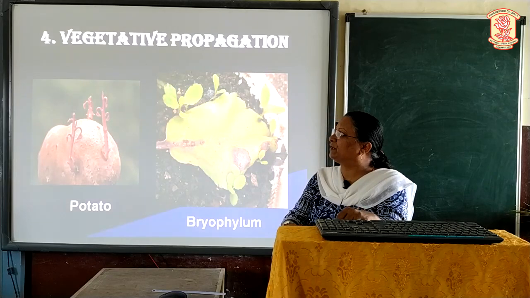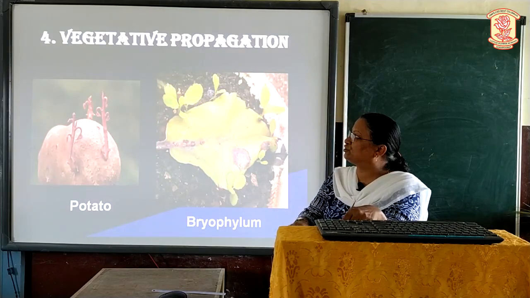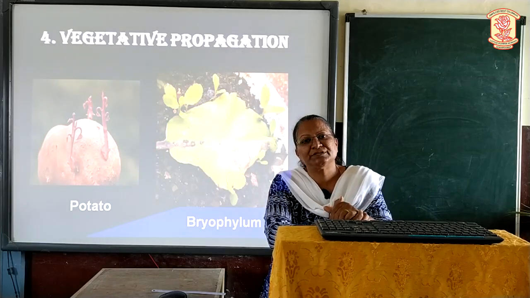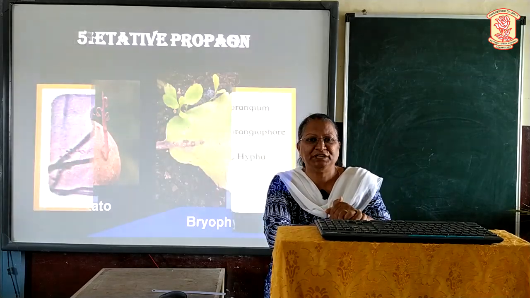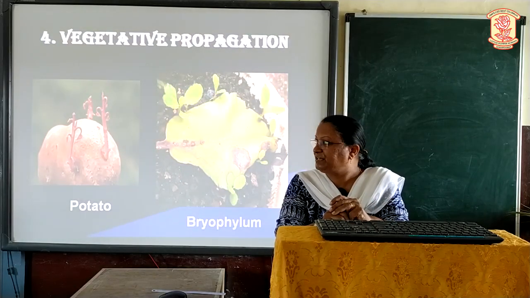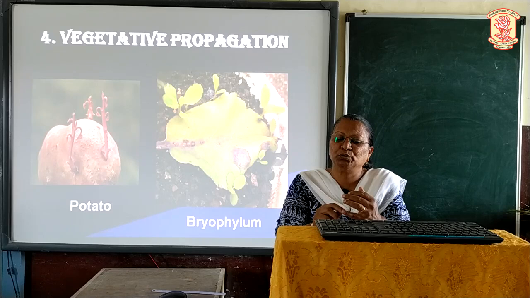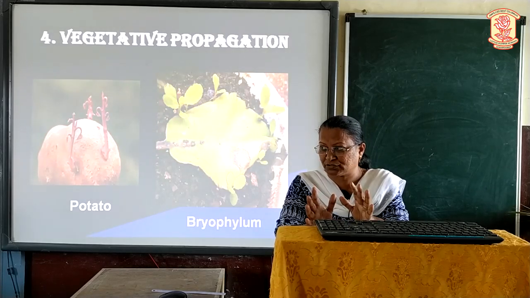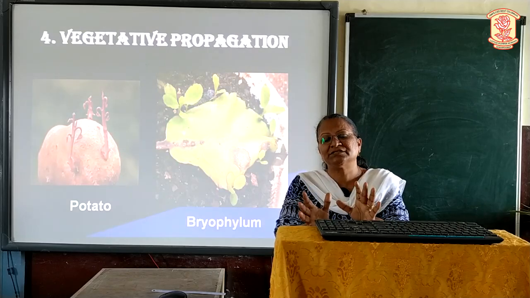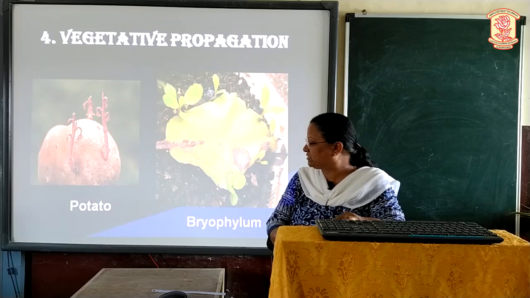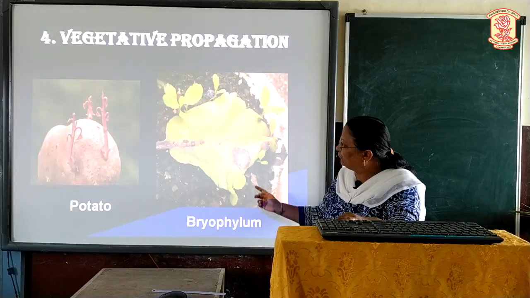Now the next method of asexual reproduction is by vegetative parts. Students, you very well know which are the vegetative parts. You may say the vegetative parts are the roots, the stems, the leaves and the flowers. Of course, some of the plants reproduce from their vegetative parts. Now here you can see a picture of bryophyllum.